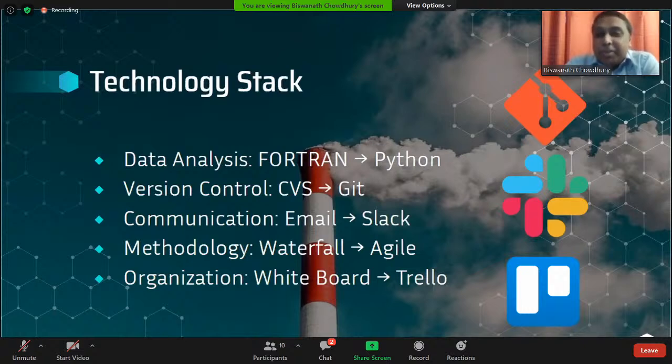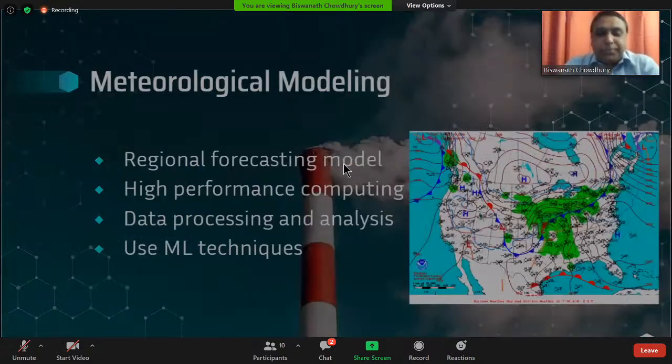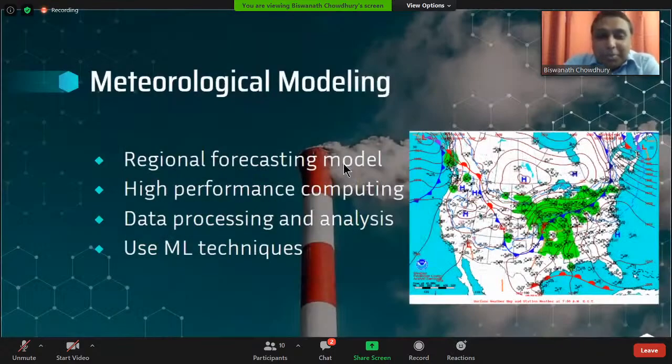For the methodology, I learned about Agile instead of the waterfall methodology. And for organization, I started using Trello. So I was able to get a job in this area a few years back, and now I'm working in the field of weather modeling.